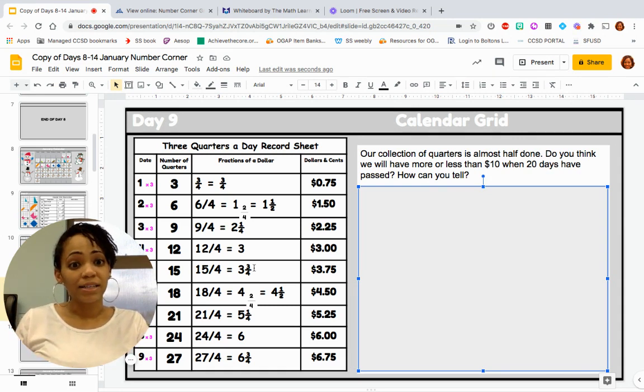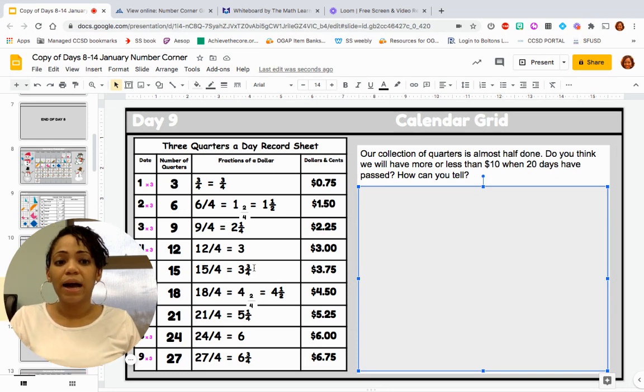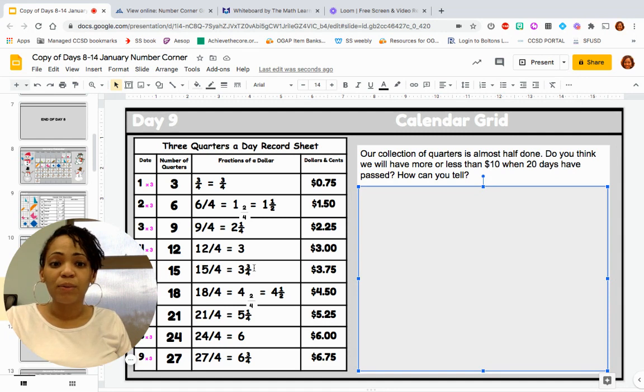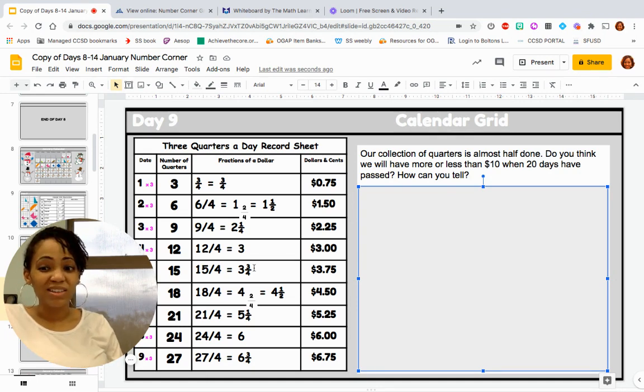So we're on day 9, so kind of about halfway done. Do you think that we will have more or less than $10 when 20 days have passed? So let's just pretend that we would have 20 instructional days in January. And so I'm wondering, will we have $10? Will we have more than $10? Or will we have less than $10? What do you think? We still have another 10 days to go, and we're already at $6.75.